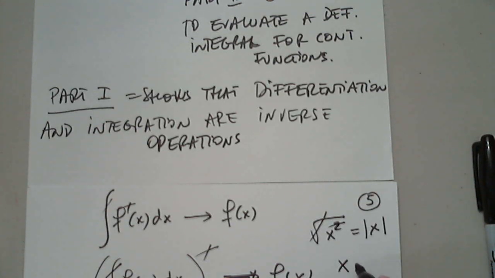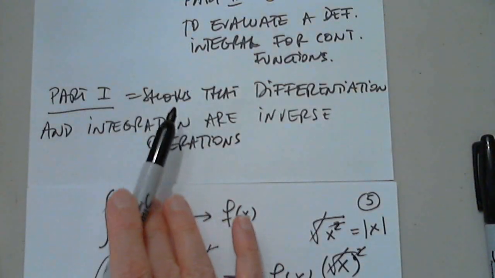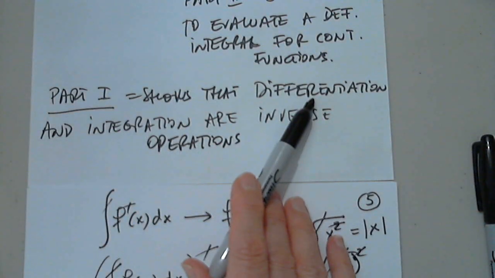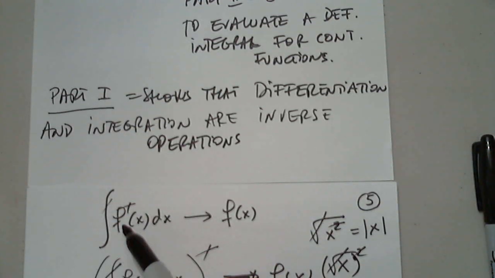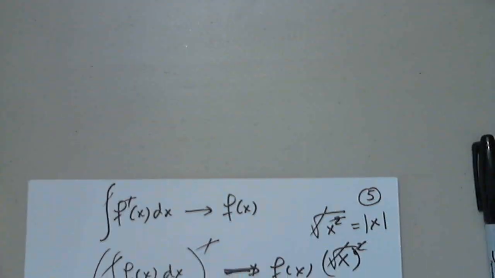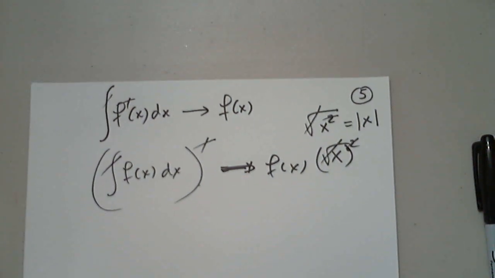I can do x, the square root of x, and then squared. Same thing. They are canceling each other out. Same thing here. So part 1 says that differentiation and integration are inverse operations. When I integrate a derivative, I get the function. When I differentiate an integral, I get the function. But there is a step here that we need to look at.